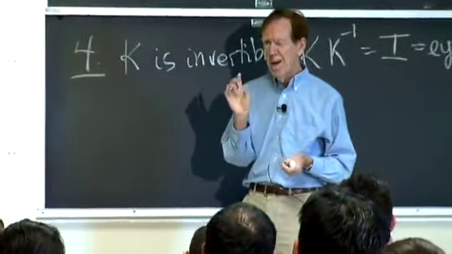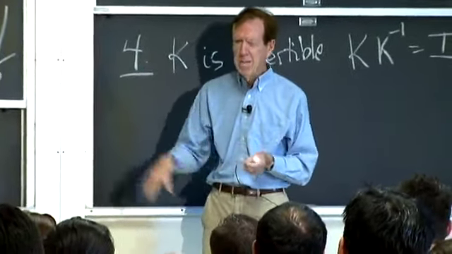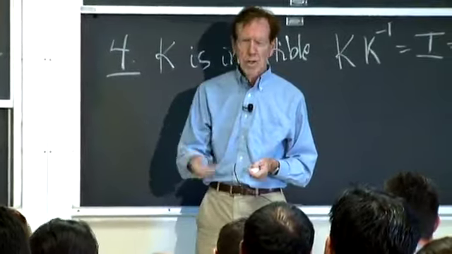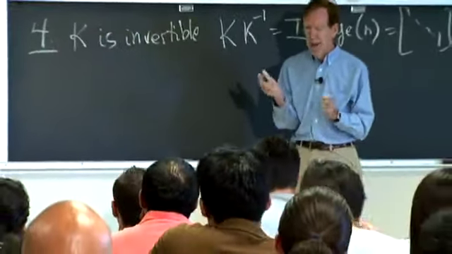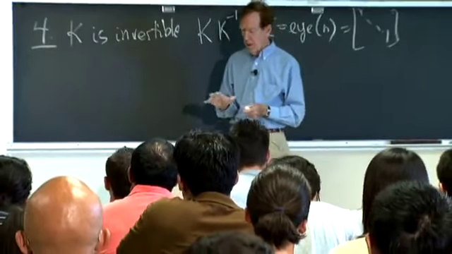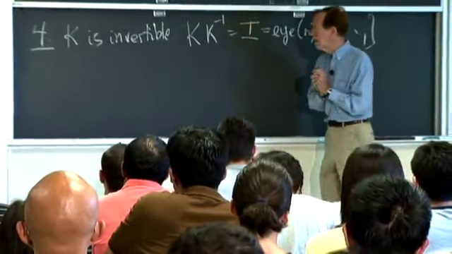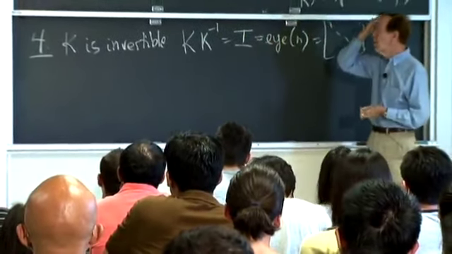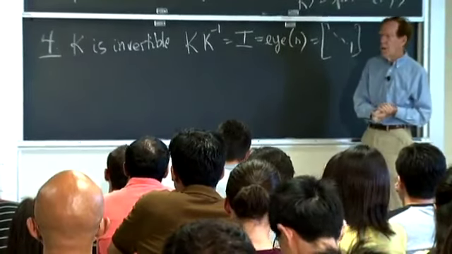And the question of whether that matrix is invertible is fundamental. I mean, finite elements has these zero energy modes that you have to watch out for, because they produce a non-invertible stiffness matrix. Okay, so how could we know that this K is invertible?